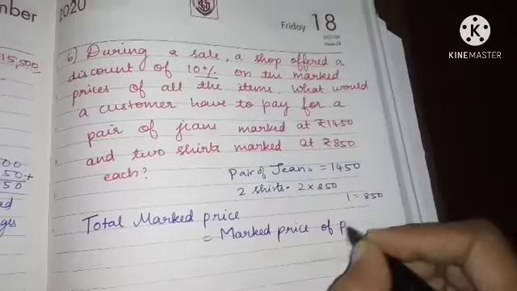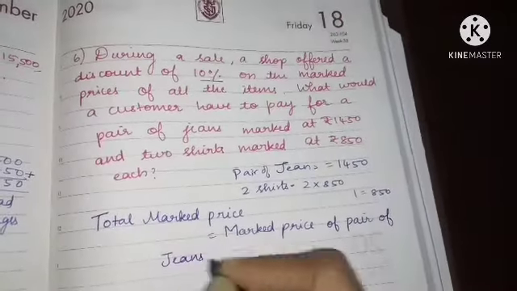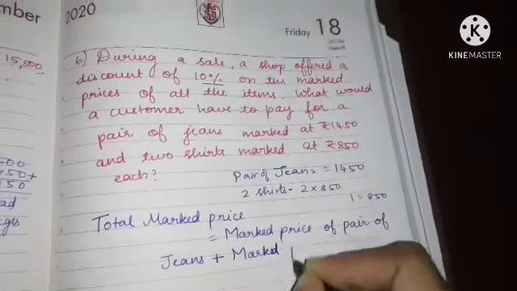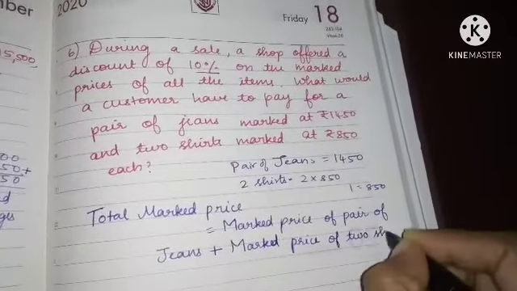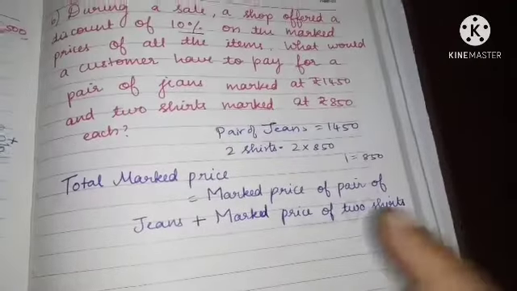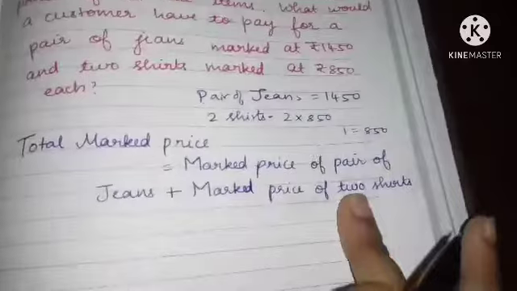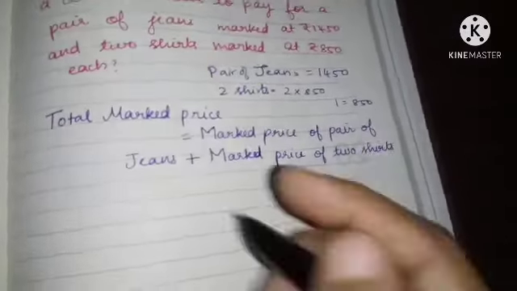Marked price of pair of jeans plus marked price of two shirts. Jeans price I should add, shirts price I should add.